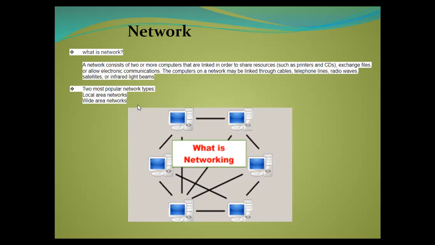That means it could be text, like Facebook, messenger, and that kind of thing. There are two most popular network types, which are the local area network, LAN, and the second one is the wide area network, which is WAN.